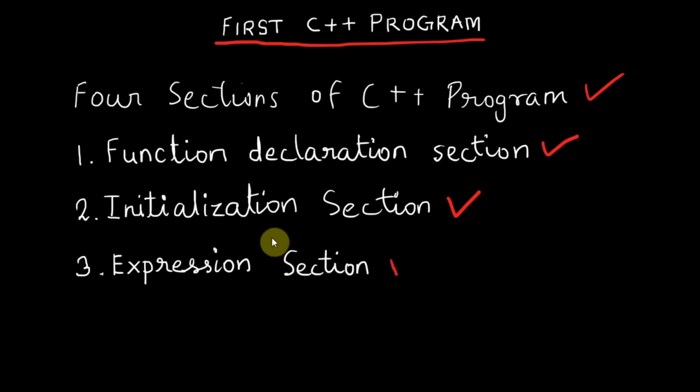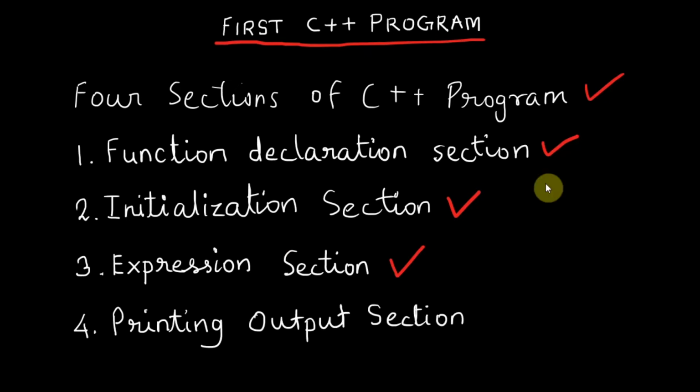The third section is the computation or expression section. In this section, you use variables and write expressions to solve a particular problem. Either write expressions directly or break the problem into functions, and when functions return values, use them to solve the main problem. The next section is called the printing output section.